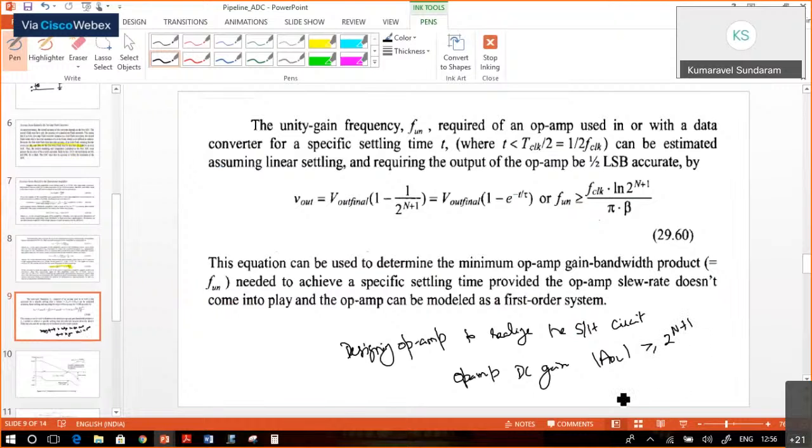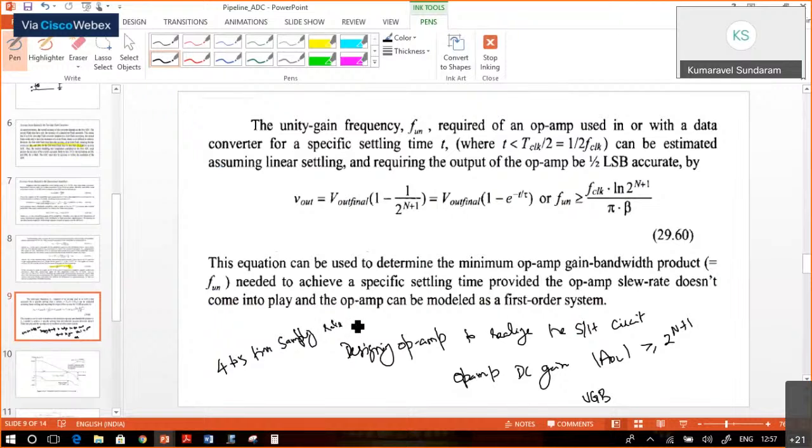Similarly, the unity gain bandwidth, UGB, should be fs, what is the sampling rate you are going to use, times ln of 2 power n plus 1 by pi into beta. So approximately we used to say that it should be 4 to 5 times the sampling rate.